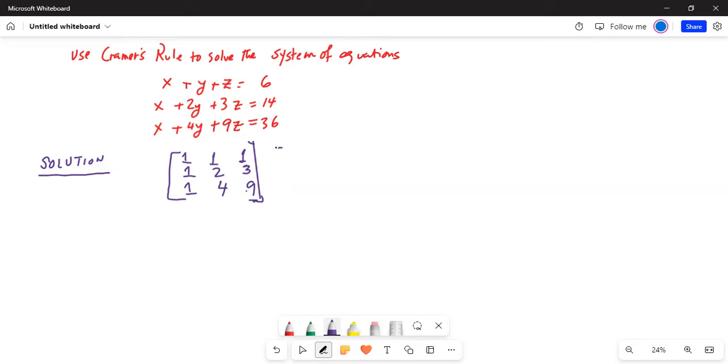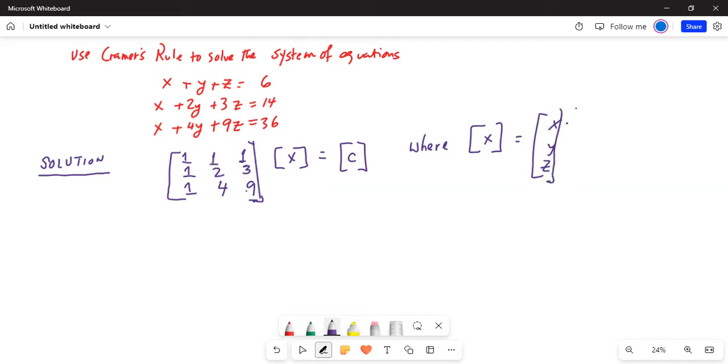And then we can multiply that with the unknown variables x, y, and z, represented in matrix form, is equal to C, where X is a 1 column, 3 row matrix x, y, and z, and C is a constant matrix, which is also 1 column and 3 rows: 6, 14, and 36.